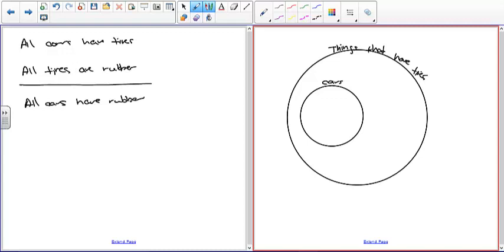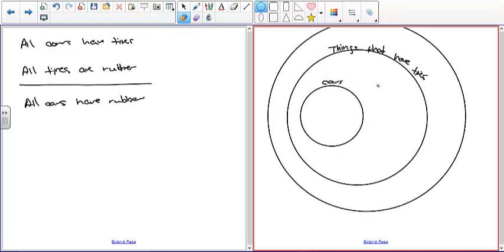Okay, so then what you have is a little bit different than what we have so far. What you would have is this bigger circle like that. Things that have tires, or tires, you could even think of tires and cars, and this is things made with rubber.